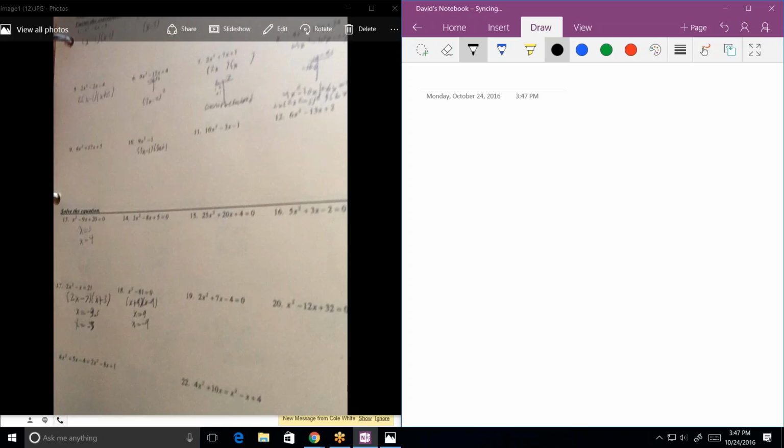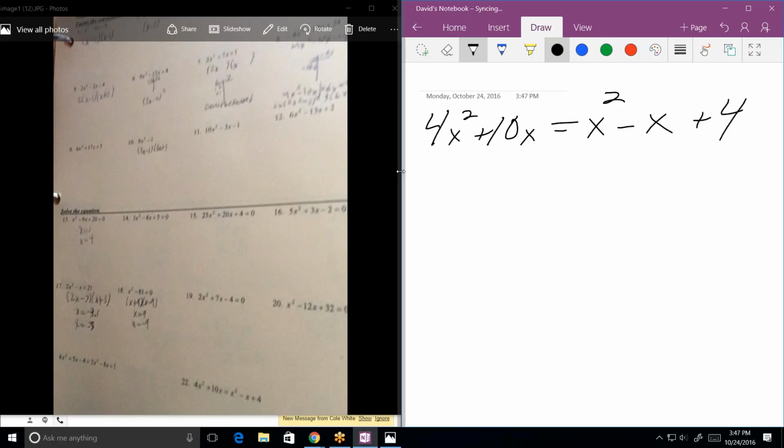22, let's see, we've got 4x squared plus 10x equals x squared minus x plus... Okay, what's the next line? 3x squared plus 11x minus 4 equals 0.